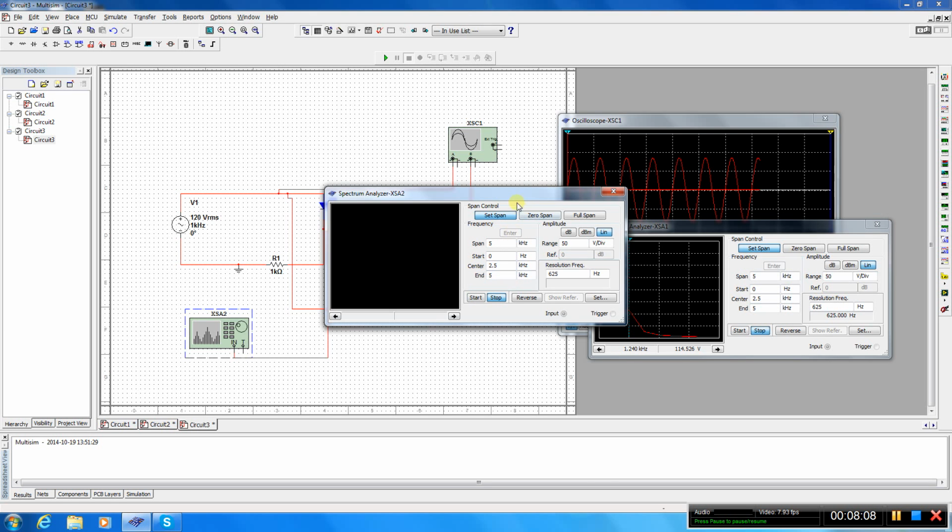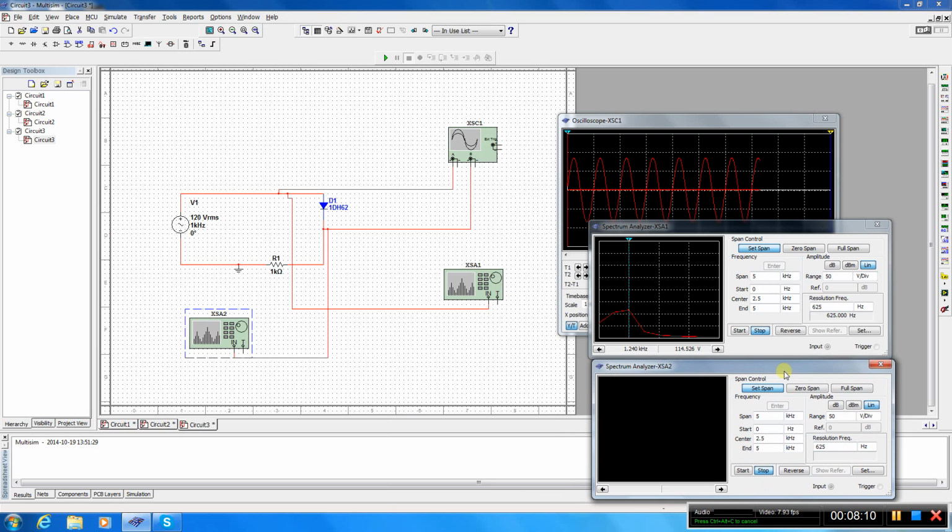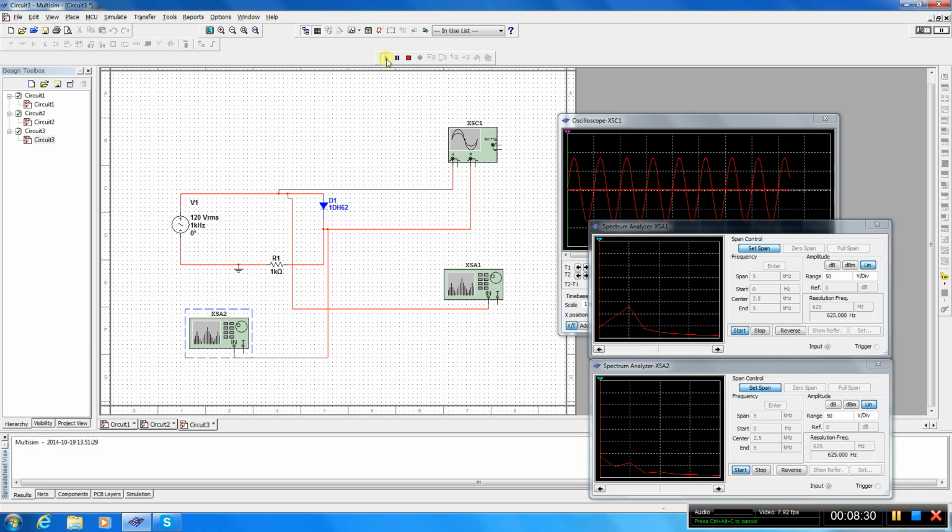Okay, enter. As a reminder, the first spectrum analyzer shows the signal at the input of the diode, and this spectrum analyzer will show the output signal as it comes out of the diode. Yeah, let's go. So here you can see some interesting facts.